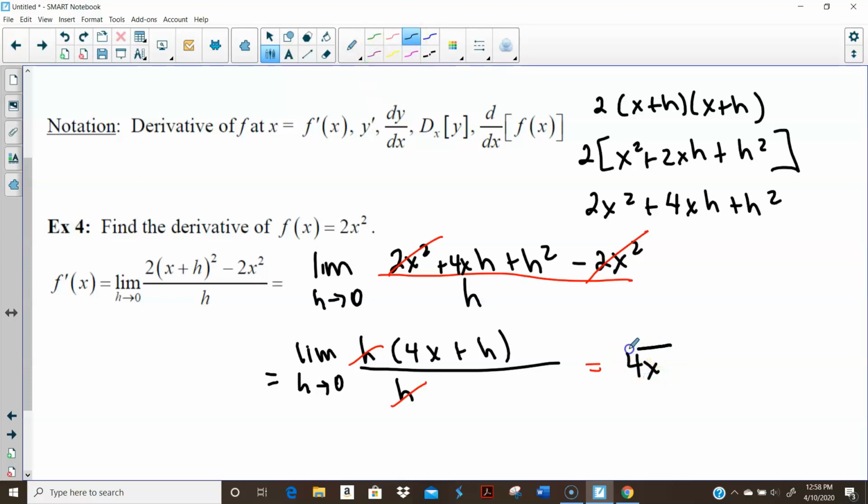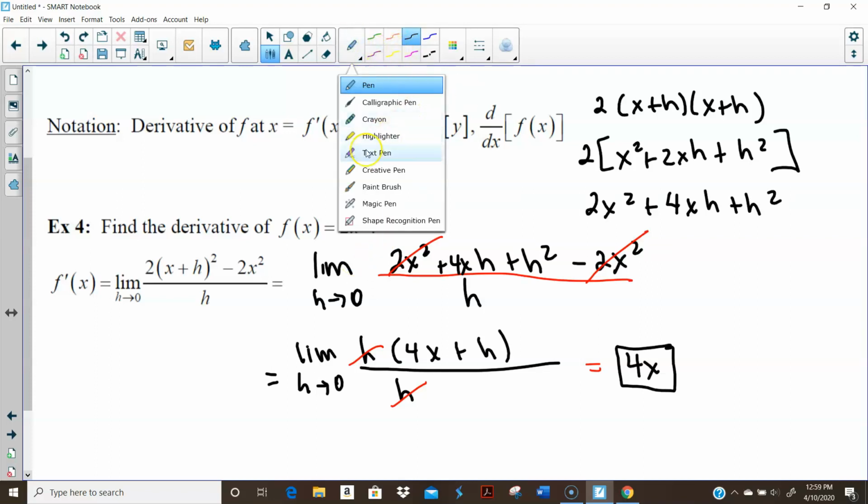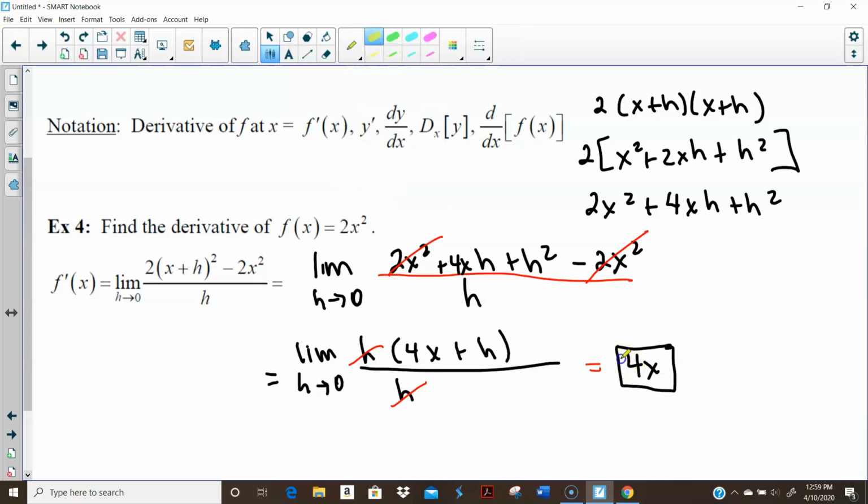Now, I would use 4x to find the instantaneous rate of any point on this parabola. Because they didn't give me the point, I just found the derivative. So the derivative is 4x.